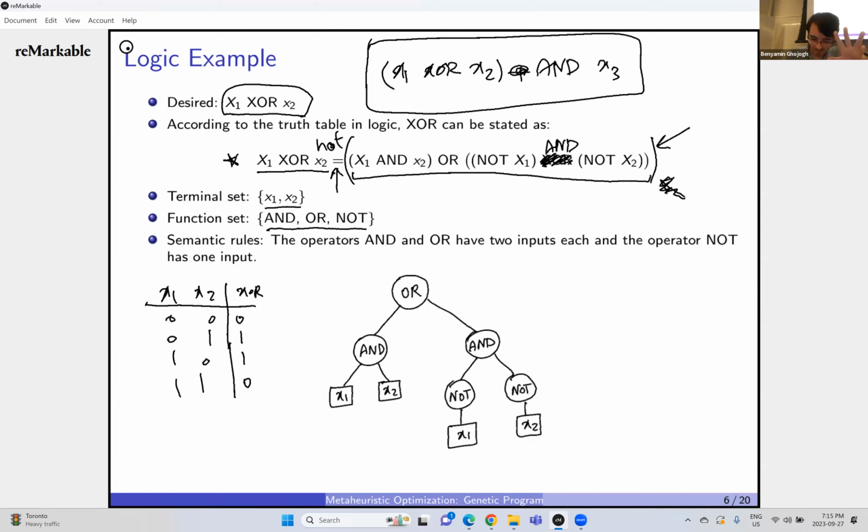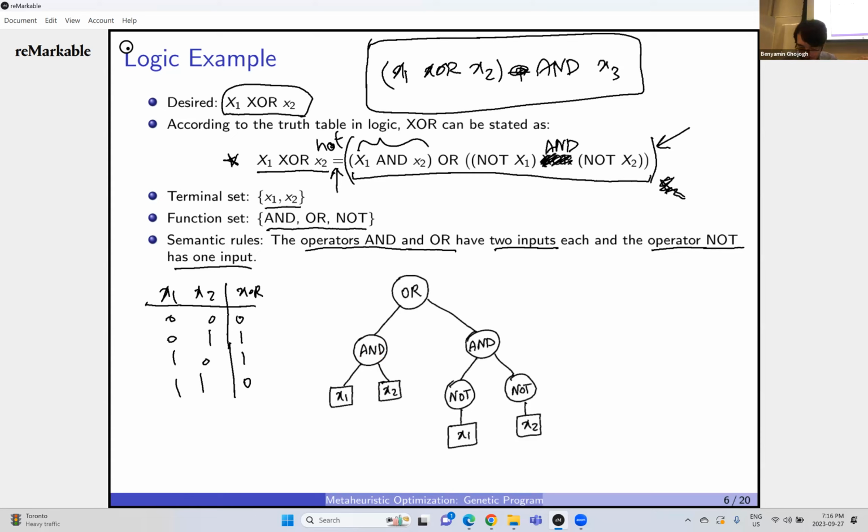Okay, so semantic rules: the operators and, or have 2 inputs, right? And the operator not has 1 input. This is my semantic, right? Then I can write this expression in this way: let's implement this, x1 and x2. So I have and of x1 and x2, right?